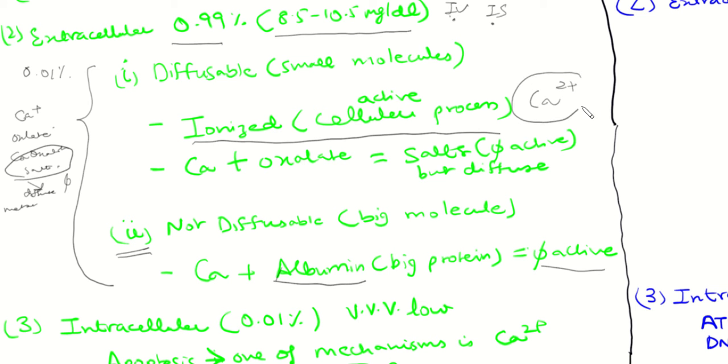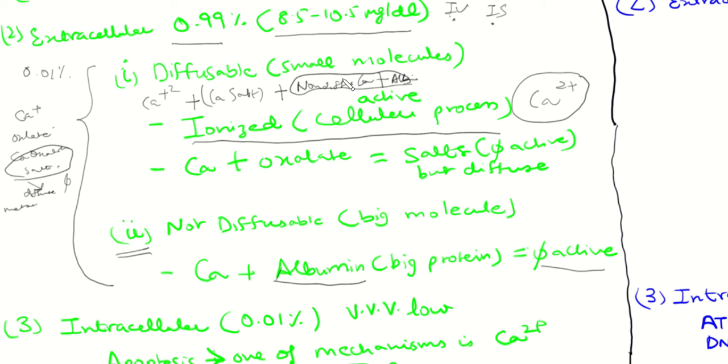This is what's used for active cellular processes. So when you measure extracellular calcium in the lab, what you measure is a sum total of ionized calcium plus calcium salts like oxalate, plus the non-diffusible calcium that has combined with albumin. That's your total calcium concentration.